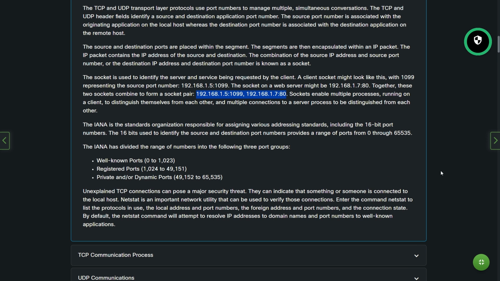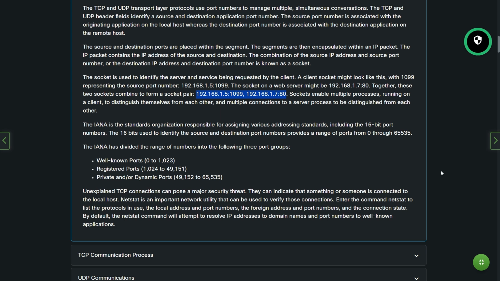The IANA is the standard organization responsible for assigning various addressing standards, including the 16-bit port numbers. The 16 bits used to identify the source and destination port numbers provide a range of ports from 0 through 65,535. The IANA has divided the range of numbers into the following three port groups.